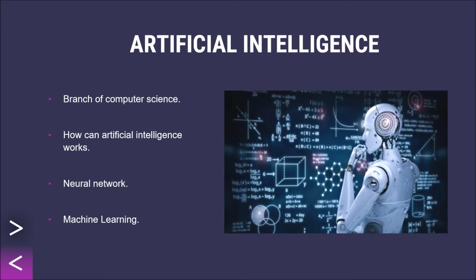Artificial intelligence is a branch of computer science that is focused on building smart machines capable of performing tasks that typically require human intelligence. So, for this reason, computer systems that implement artificial intelligence can simulate intelligent behavior. But how can artificial intelligence do this?